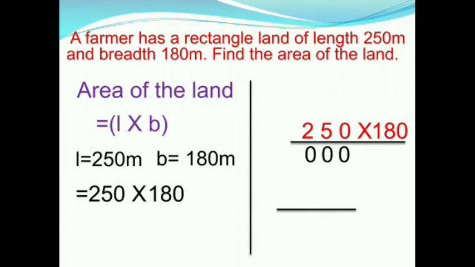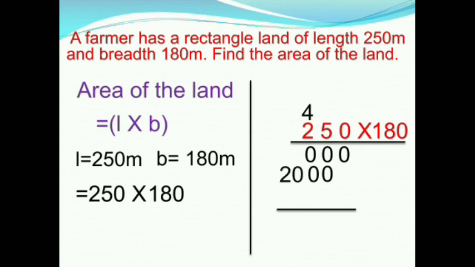Write 0 below the 0. Next we should multiply 8 and 5. 8 5s are 40. Write 4 carry above the 2 and write 0 below the 0. Next we should multiply 8 and 2. 8 2s are 16. 16 plus 4, 20.